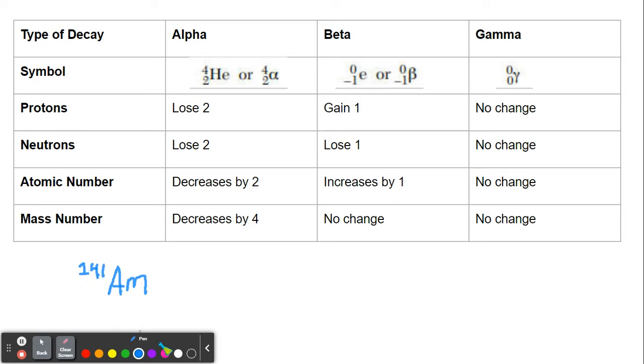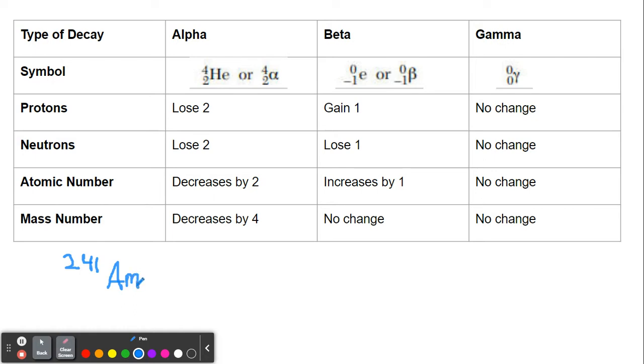And so this is where the pen has failed me. That's a 2, even though it doesn't really look like it. 241. I'm going to use americium, the isotope americium 241.